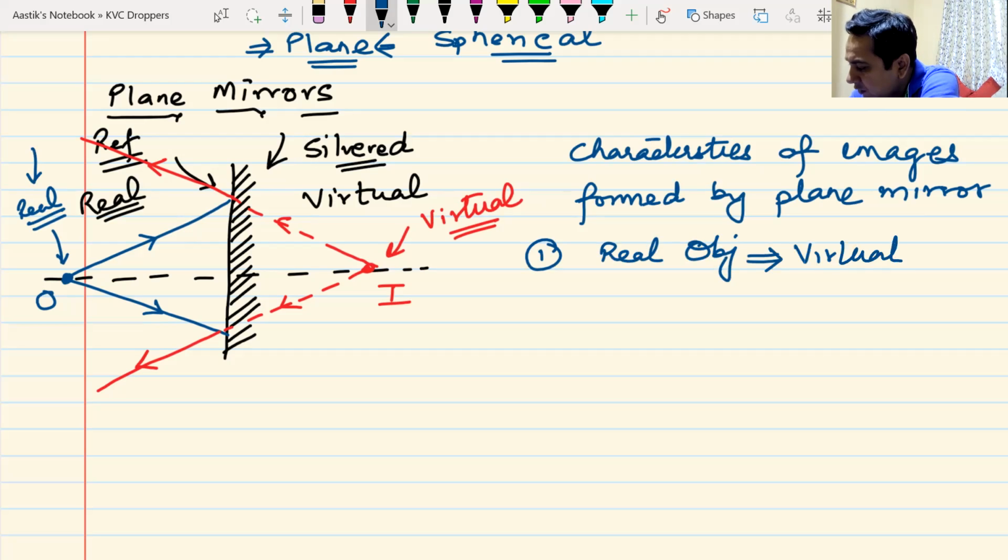It will create a virtual image. Do we understand this? A plane mirror will always create a virtual image of a real object. Yes or no? Do we understand this?